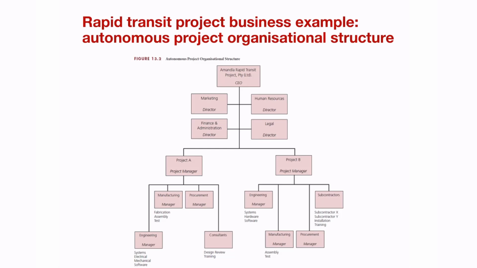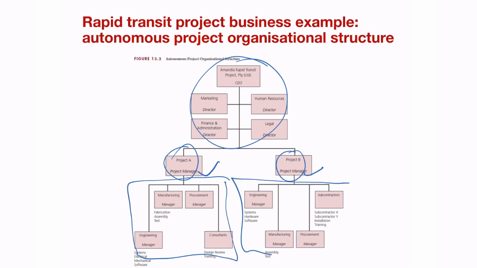So this would be an example of a project organizational structure in which you have your executive level, but then after that you have project A and project B, each with a project manager, and then they have their own project team, and everyone inside that project team is responsible to the project manager.